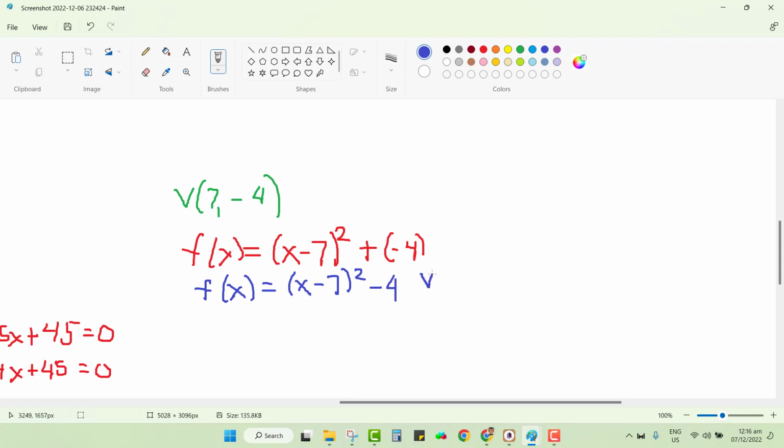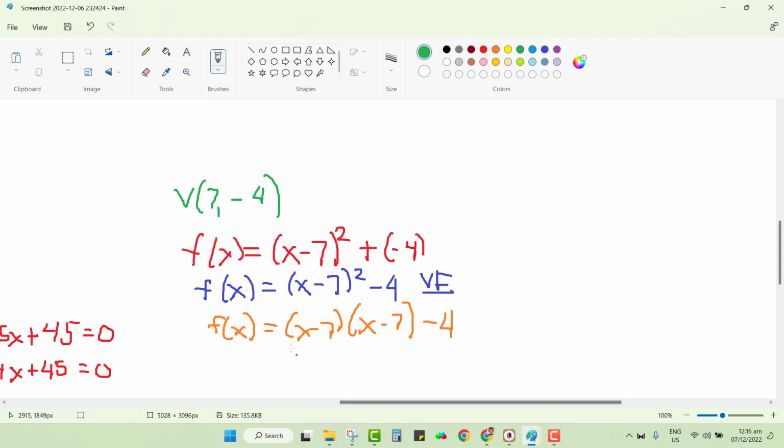This is your vertex form. If we're going to continue in getting its standard form, because that's our goal, this square of the binomial means we are just multiplying x minus 7 by itself, and then we copy minus 4 here later.